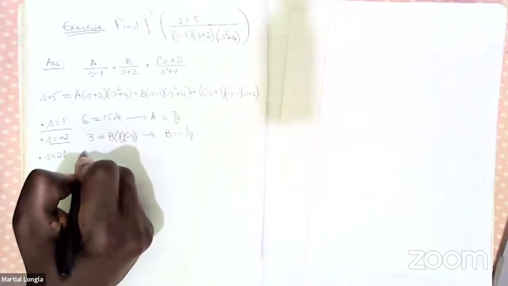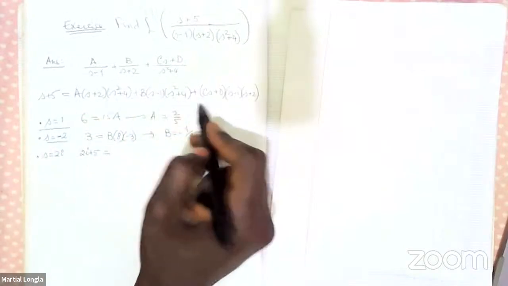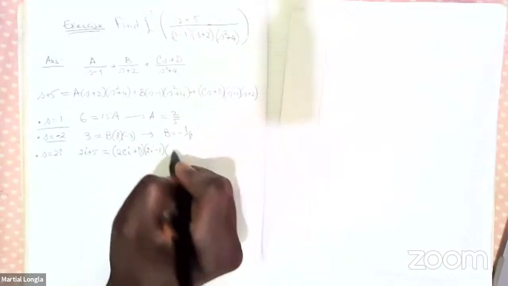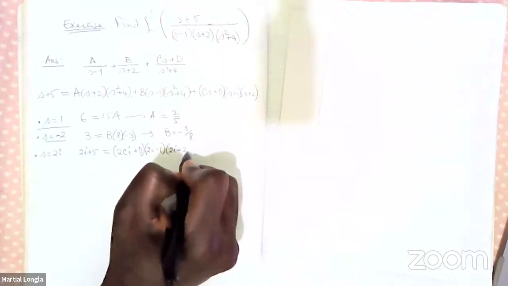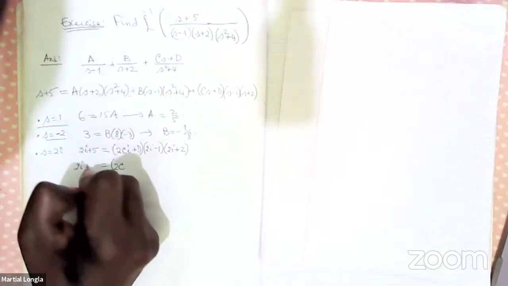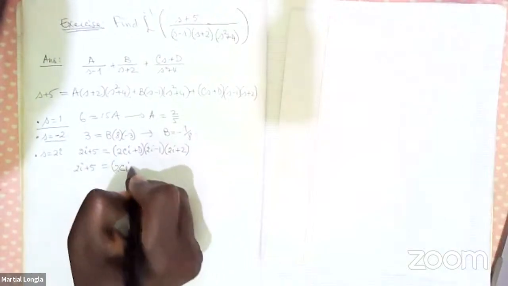And so here we have 2i plus 5 equal 0, 0, and now here 2ci plus d, times S minus 1, that's 2i minus 1, and S plus 2, that's 2i plus 2. Make sure you do the right multiplication here to get the right answer. So this is 2i plus 5 equal to 2ci plus d.